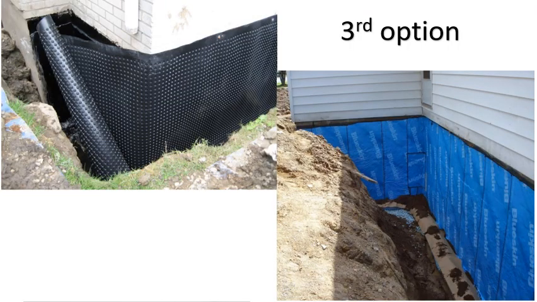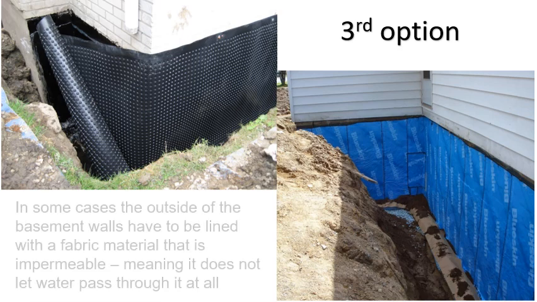The third option, and this is not a great option, is usually done when the house was already built and maybe something changed, or somebody didn't take care to help prevent seepage in the first place. They now have to go back and dig up the dirt around the house, dig it down the basement walls, and then put this fabric on there.